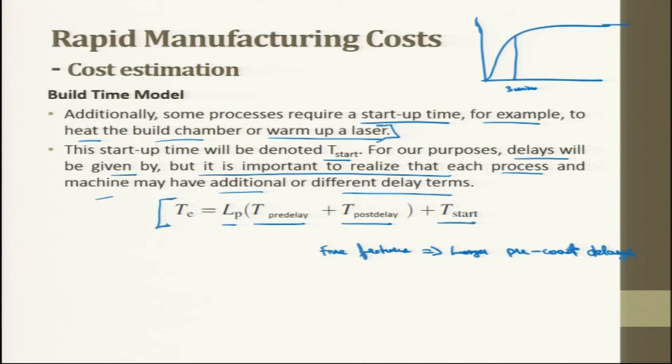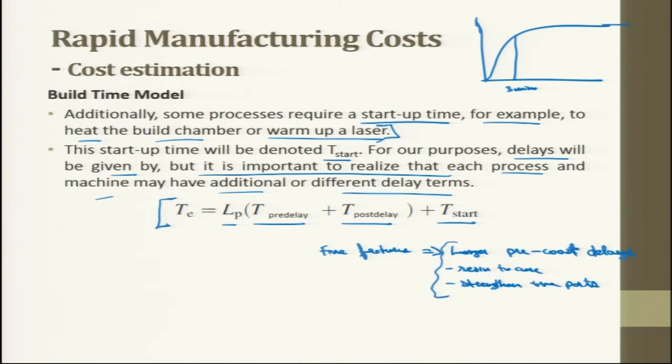Longer pre-coat delays may be used to allow the resin to cure further, to strengthen the parts, because the features are very fine. So, before subjecting the fragile features to recoating stresses, this is important.